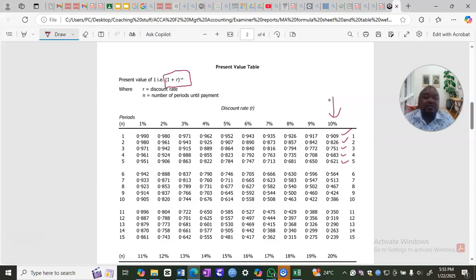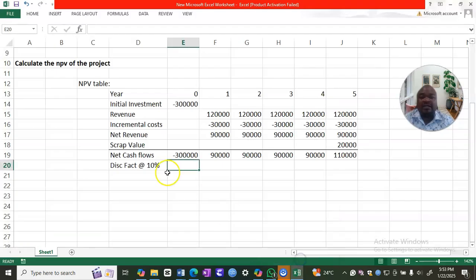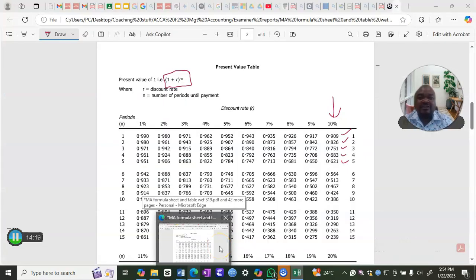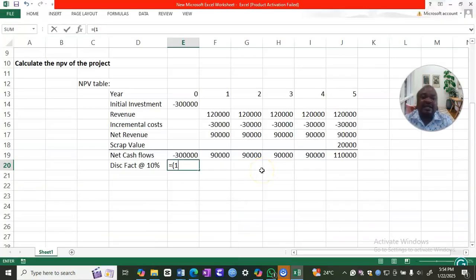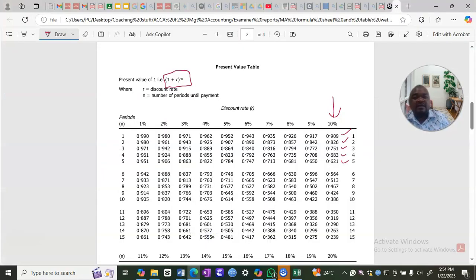So let us input the formula into Excel and see if we can come up with the same figures. Okay, so the formula is equal sign (1 plus r) to the power negative n. All right, so this formula is the same as this formula.